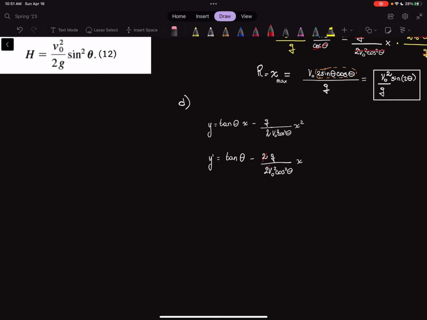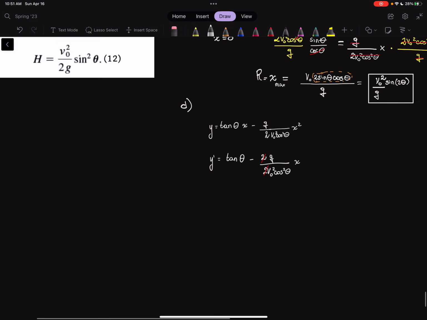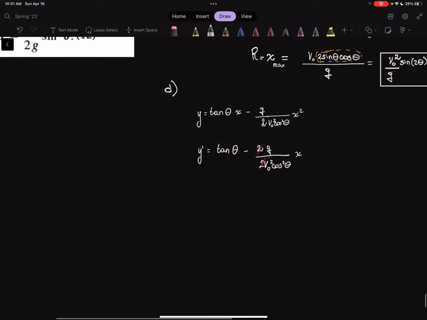So this goes away. And now I can find my x when the derivative of that is equal to 0, which is going to give me the x at which y is at a max.